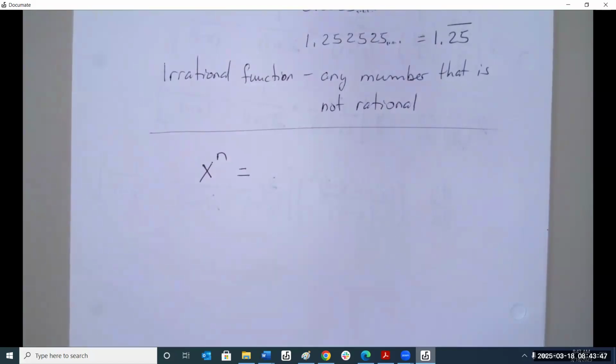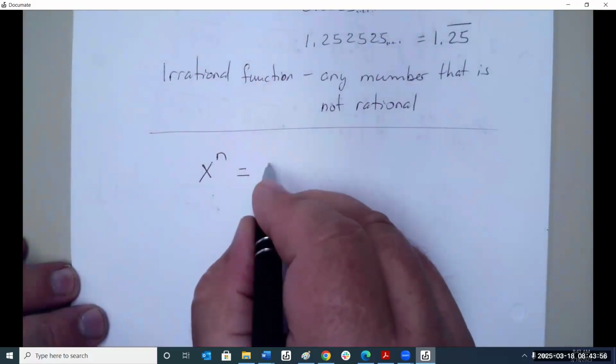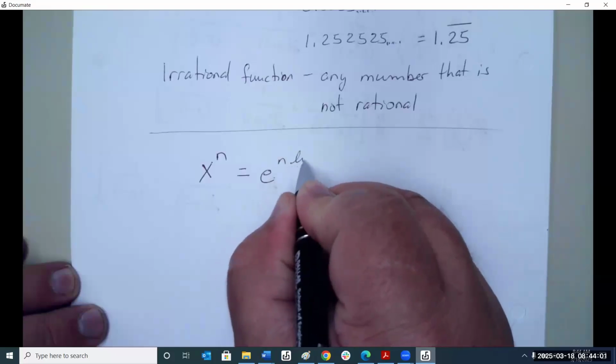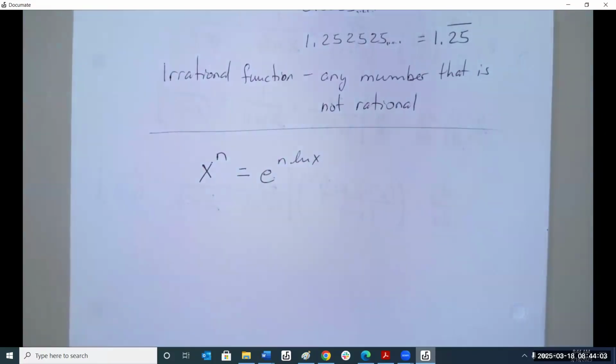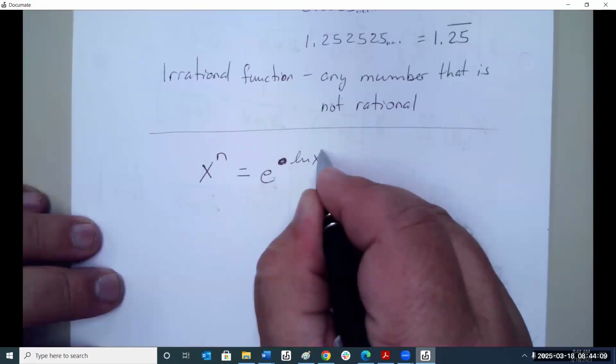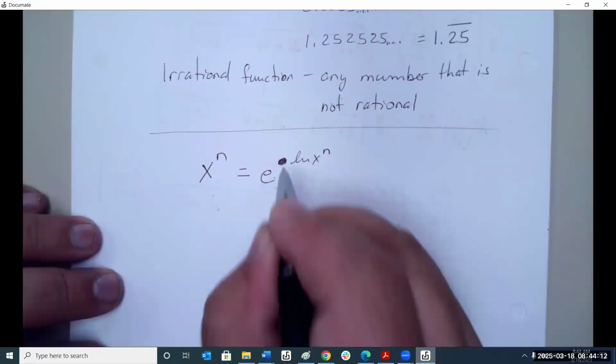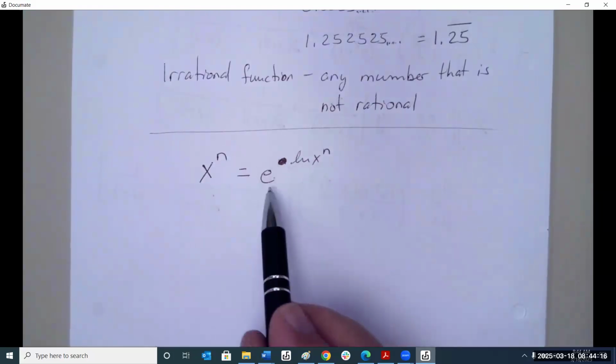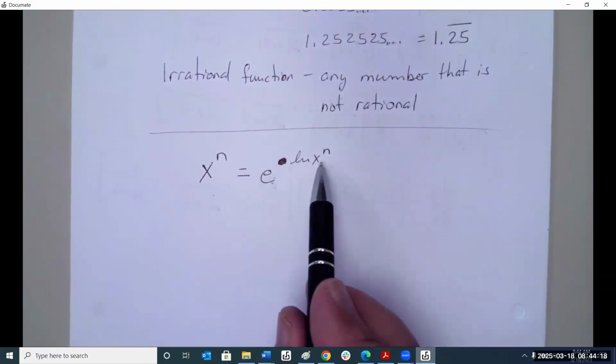Recap. If I give you this, we can rewrite that using exponentials. We just did that a second ago. It's e to the power n ln x. Let's start with this. x to the power n is the same thing as e to the power ln of x to the power n.